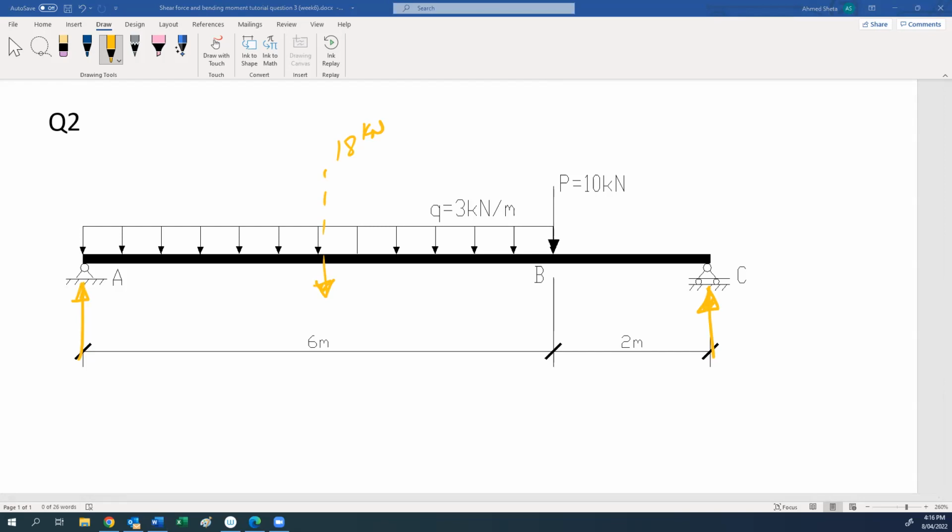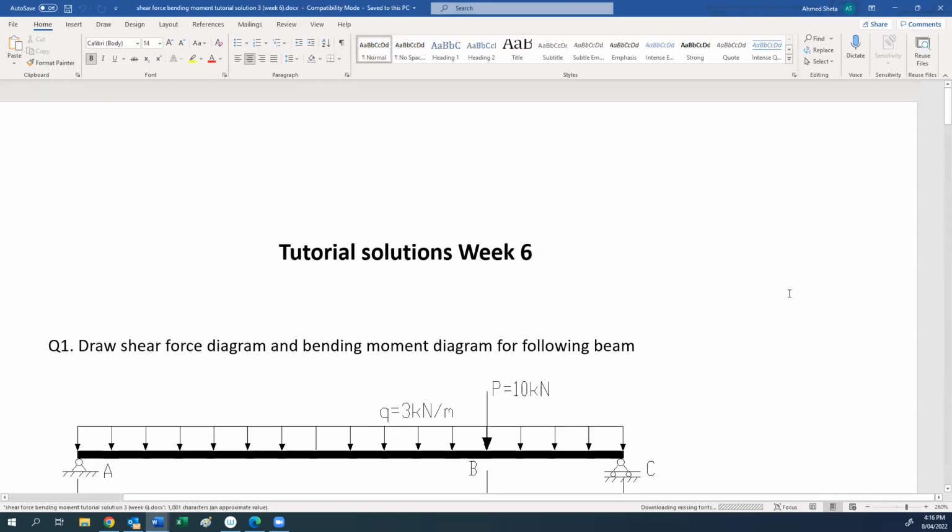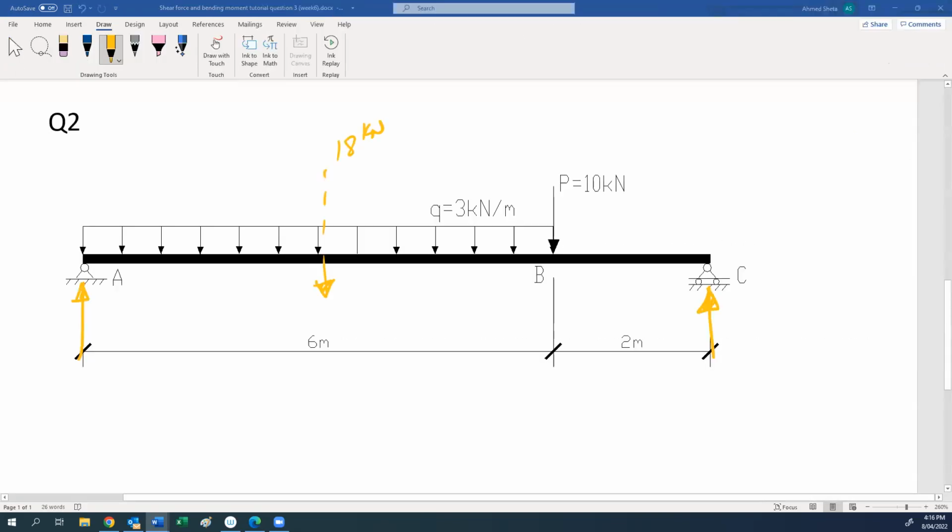The reaction at A is 13.75 kilonewton, and 14.25 kilonewton is the reaction at C. Okay, so please try this one, and I will have a look at your trial. Okay, good luck.